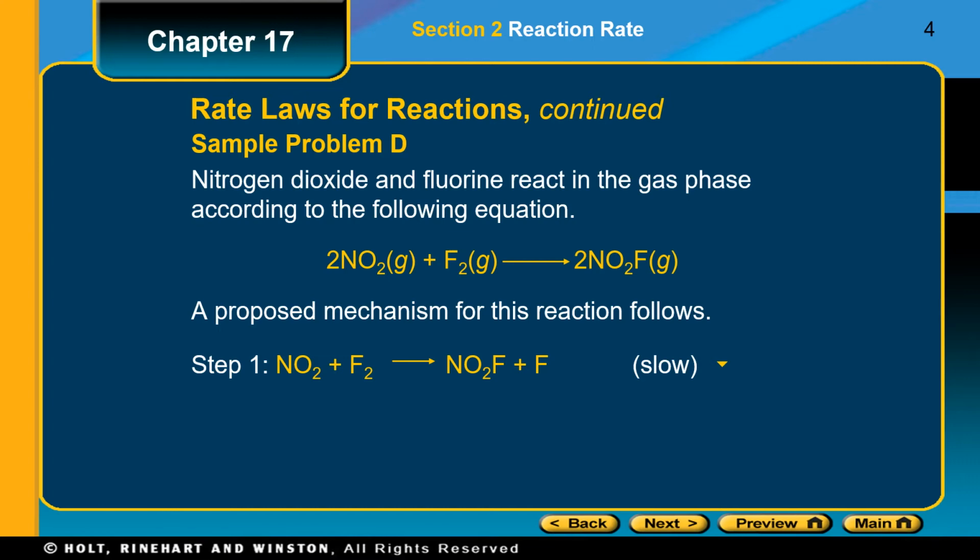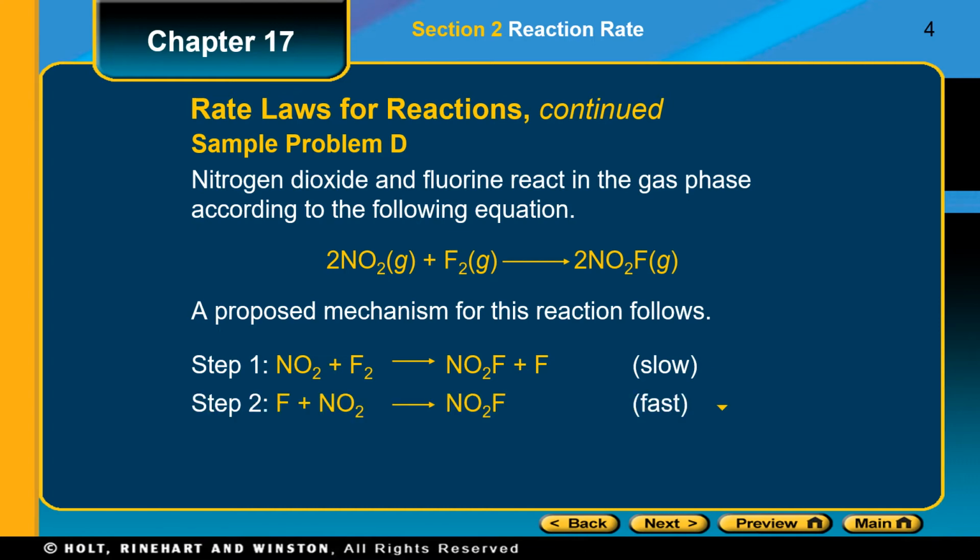One nitrogen dioxide molecule collides with the fluorine molecule, and in the process, one molecule of nitryl fluoride is produced. Notice that the fluorine molecule has split and one fluorine stayed with the nitrogen dioxide to form the nitryl fluoride, and then we have one fluorine atom by itself.